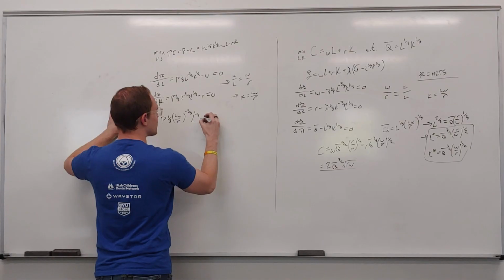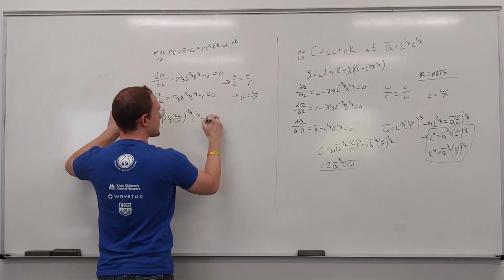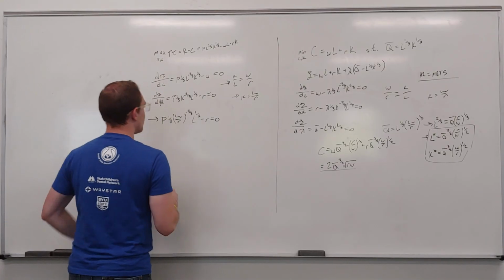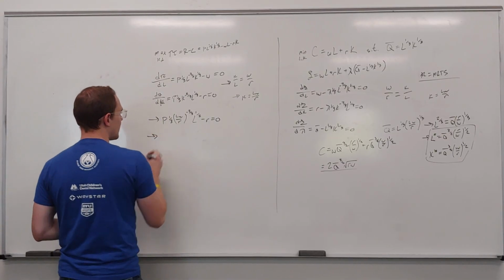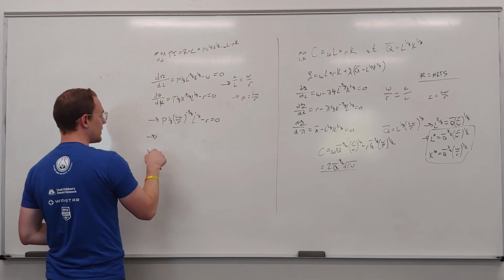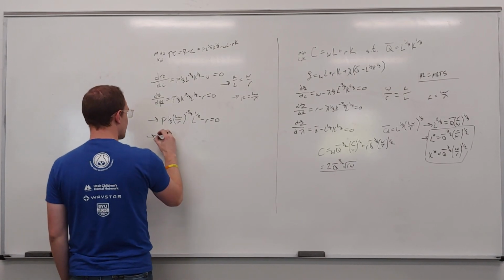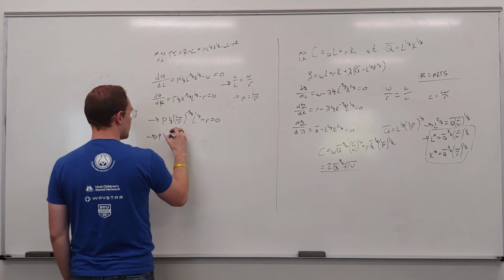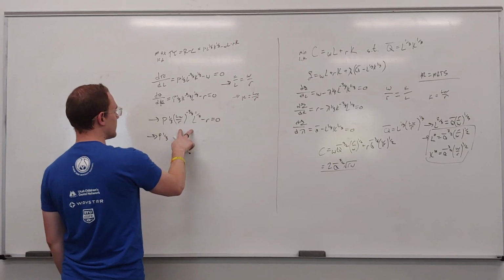Am I doing that right? Yeah, I think so. Minus R equals 0, okay? So we're going to solve for L here. L to the 1/3 and L to the negative 2/3 is L to the negative 1/3, right? So we have P 1/3, LW over R to the negative 2/3, the whole thing.